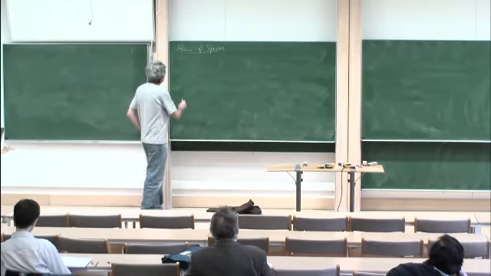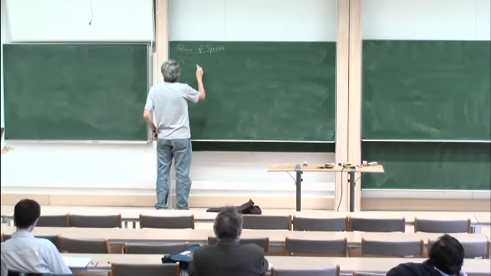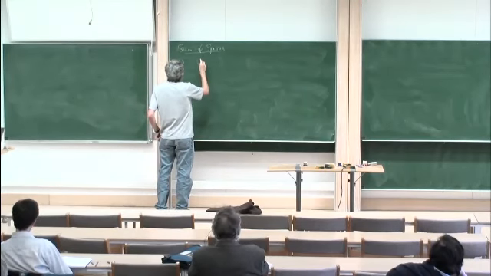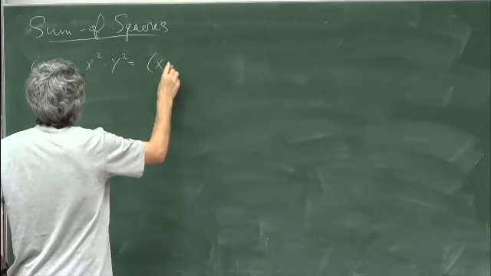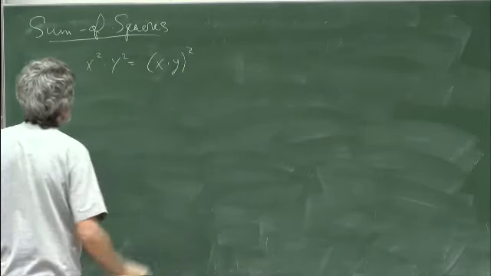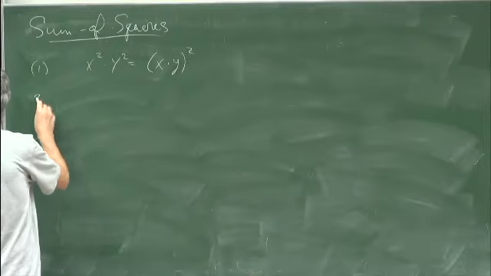Let me write some trivial identities. So x squared times y squared is x times y squared. I think everybody is happy with this. These are real numbers.